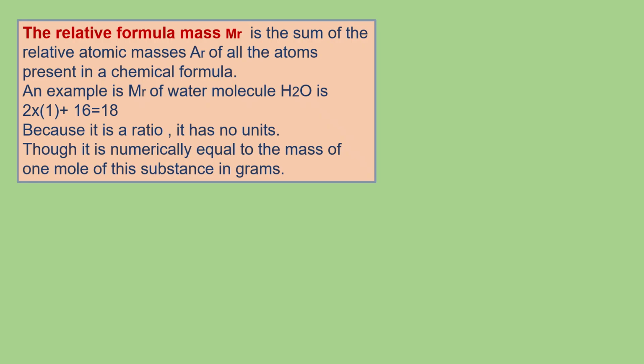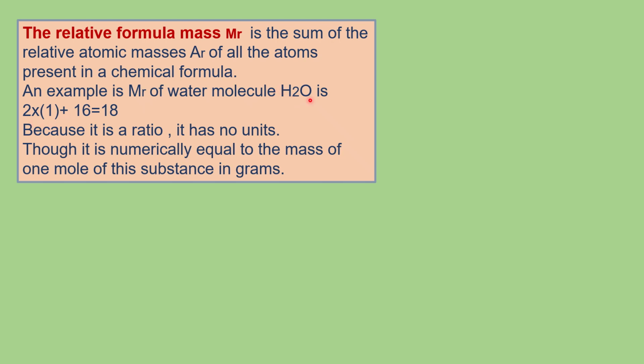The relative formula mass Mr is the sum of the relative atomic masses Ar of all the atoms present in the chemical formula. For example, we want to calculate the relative formula mass for a water molecule. The formula of water is H2O. So now we add all the atomic masses of all the elements within the formula and take care of the number. We have 2 atoms of hydrogen, so it is 2 times 1.